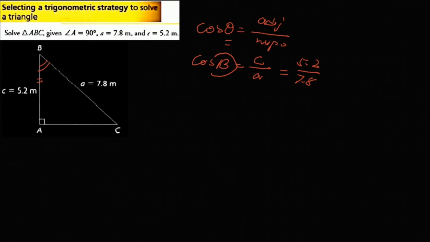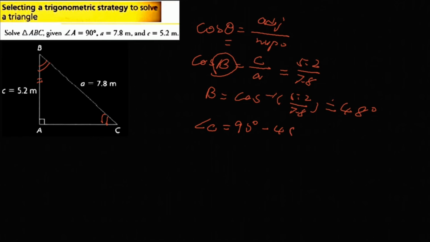To find B, we use the inverse of cosine. B equals inverse cosine of 5.2 over 7.8, which from the calculator is around 48 degrees. Now that we know B, it's easy to find C. Angle C equals 90 degrees minus 48, which equals 42 degrees. So we know all three angles.